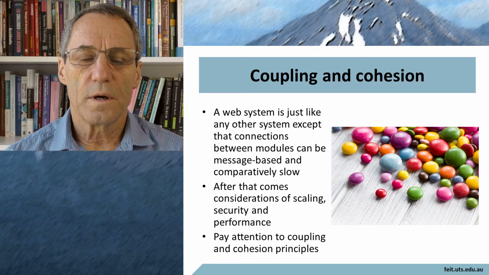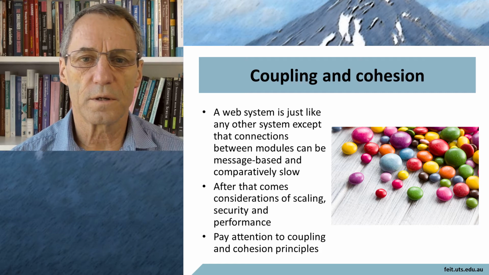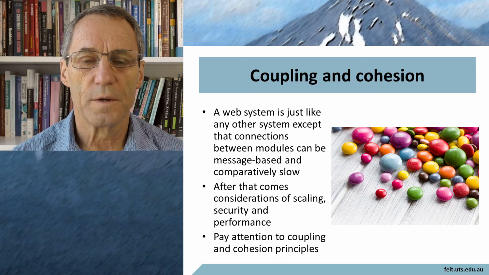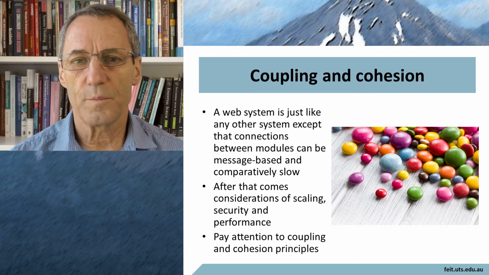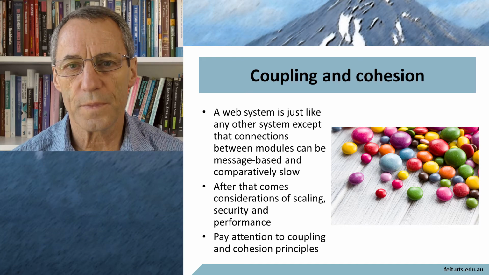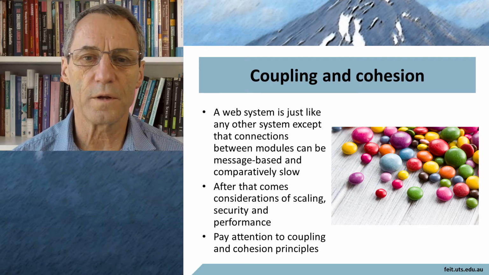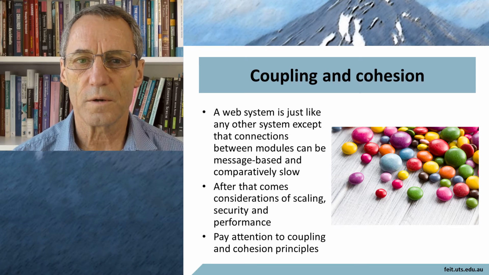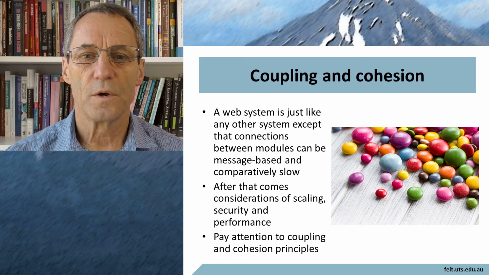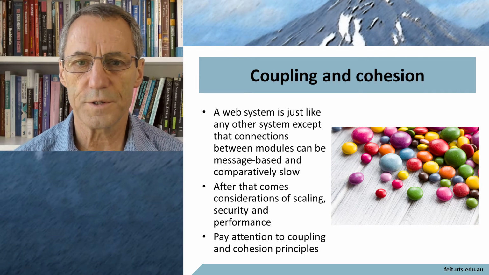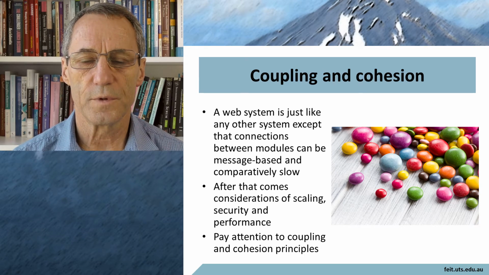Of the architecture concerns that come up from time to time, actually all the time, the main concerns are about coupling and cohesion. Increasingly, we're finding that web systems need to have their components very well sorted out. They have to be highly cohesive and loosely coupled.